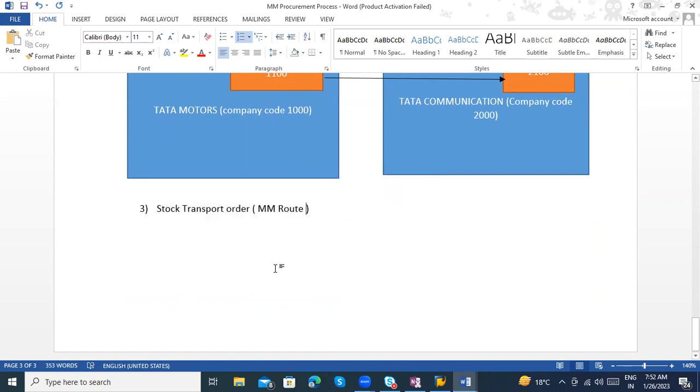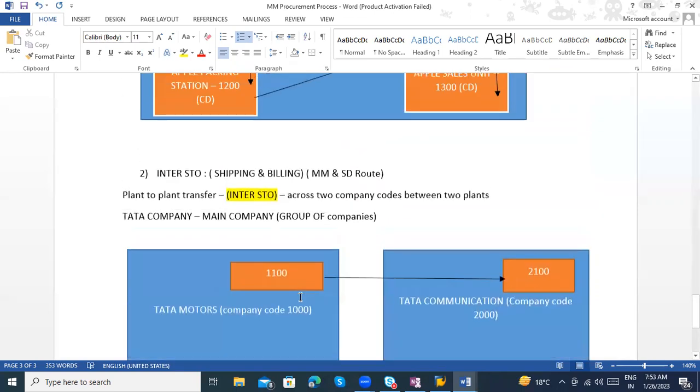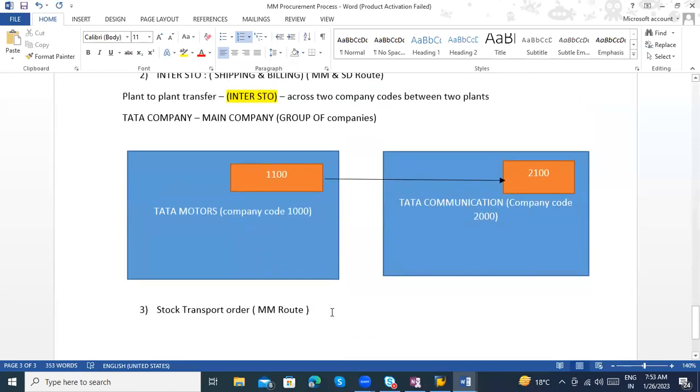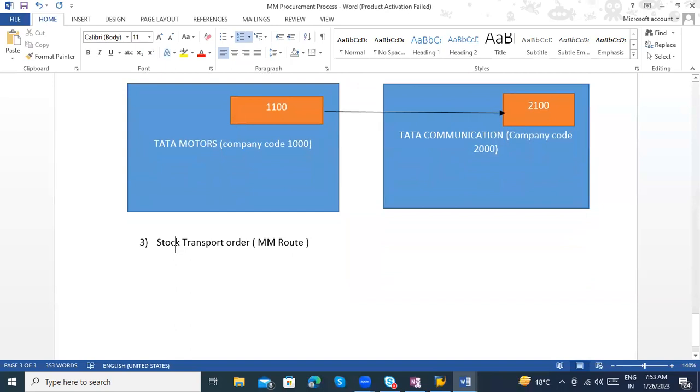That means creating the order, issuing the stock to the other plant, and receiving into the receiving plant. There is no shipment here. Because I said, in the standard we have outbound delivery on the customer side, and from our side, we can do the goods issue, transfer posting goods issue.